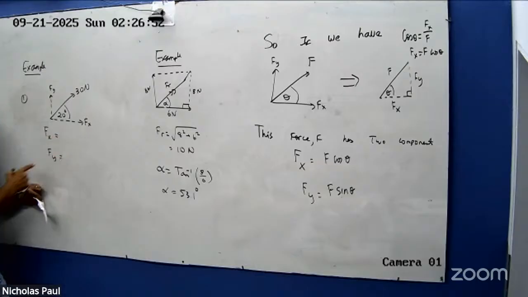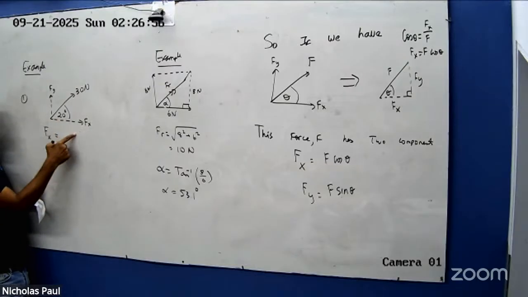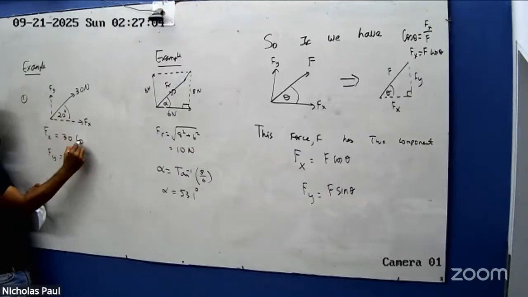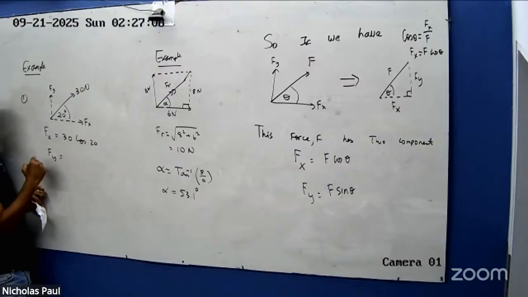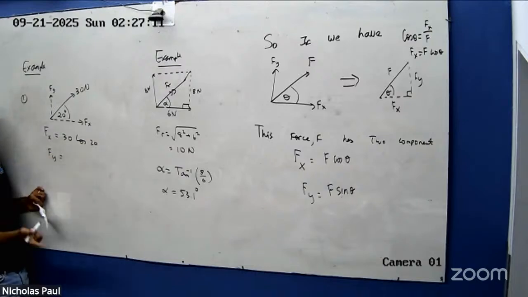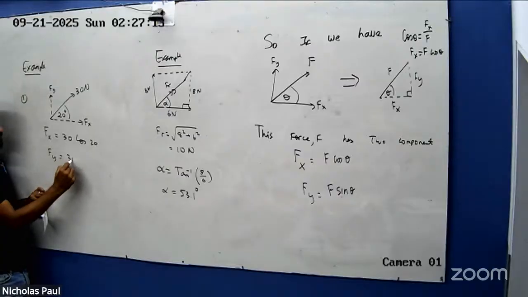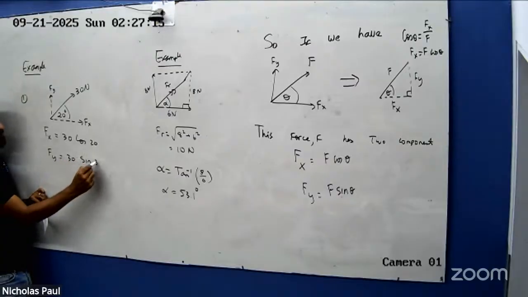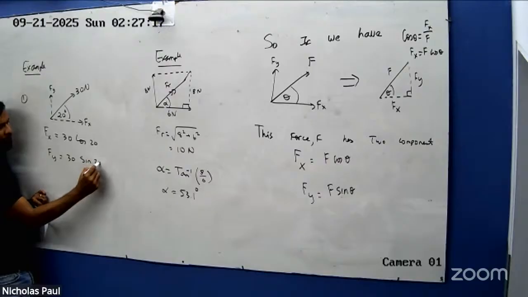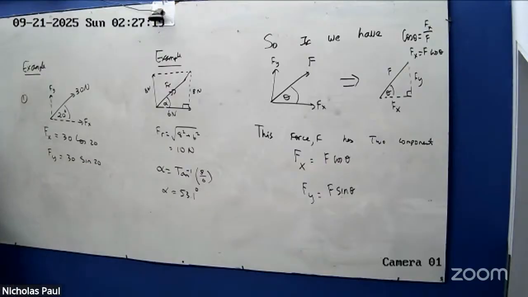Let's resolve it. Do it mentally real fast. What would it be? Fx is what? The force, cos or sine, next to the angle, right? And if one is cos, the next is sine. And you're done.